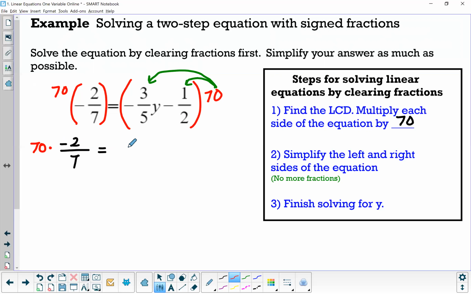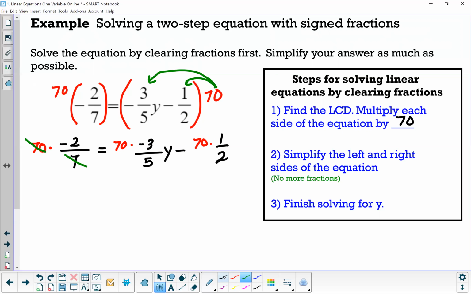Sorry, let me rewrite that. 70 times negative 3 over 5y minus 70 times 1 over 2.